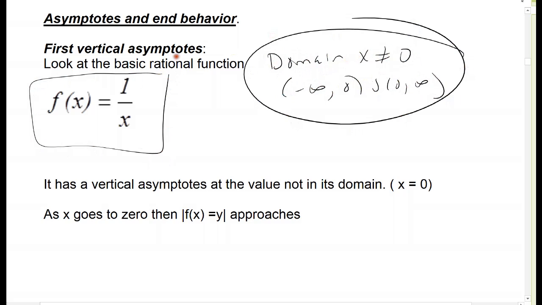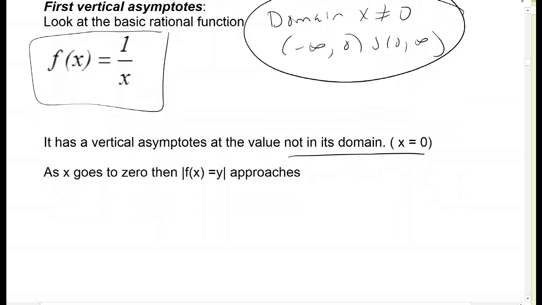It's always important to remember what the domain is, because that's where the interesting things happen. That value is not in the domain, so 0 is not in the domain. And so what happens near 0? As my x values approach 0, the absolute value of the y values approaches infinity.